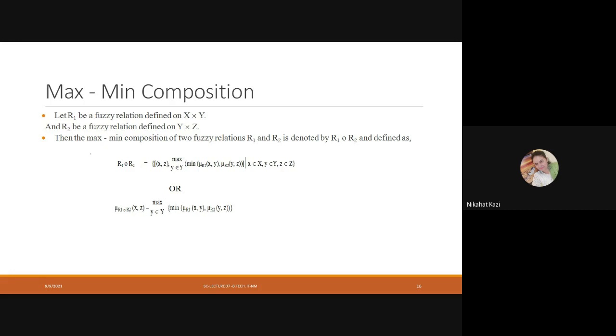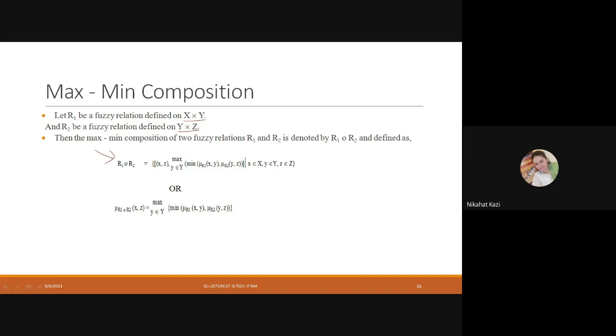If you're asked to write the definition of max min, you have to write the formal definition in this fashion. The formal definition is just writing it mathematically. So you have two fuzzy relations, R1 and R2. R1 is defined on X cross Y. R2 is defined on Y cross Z.